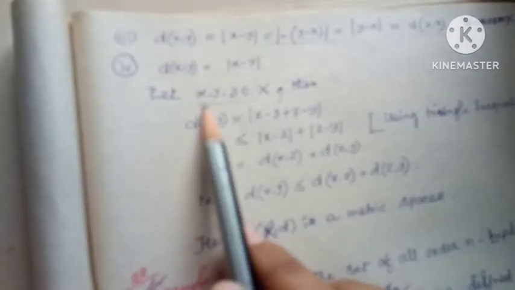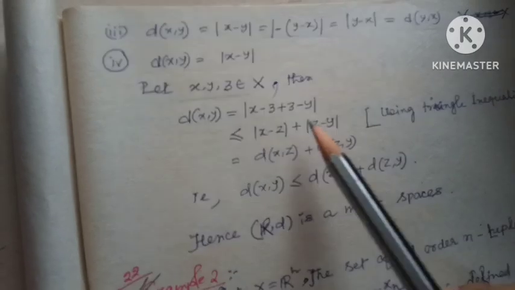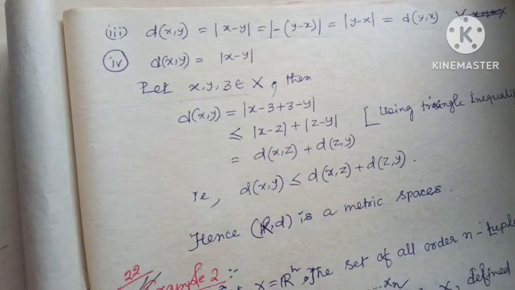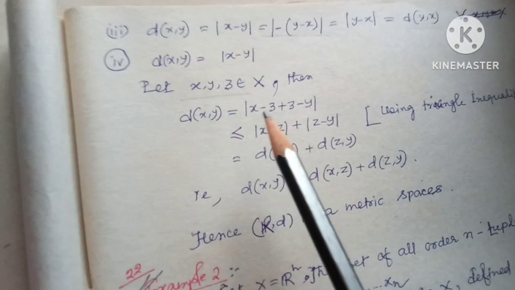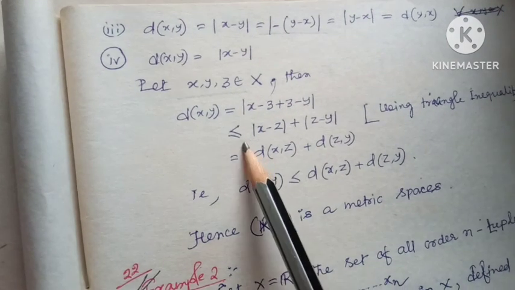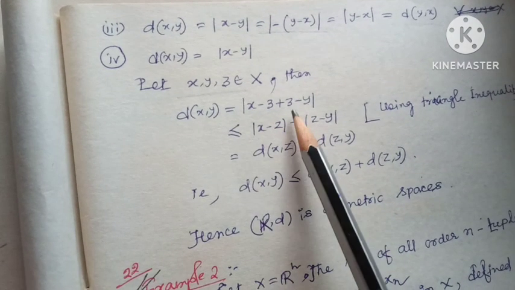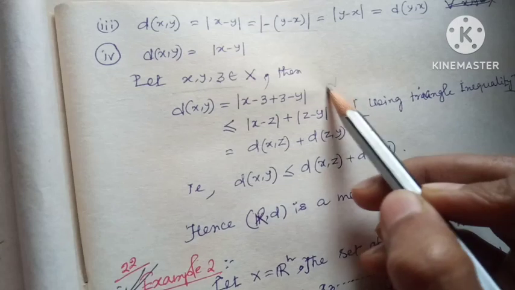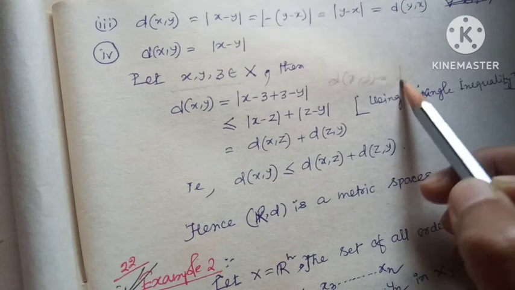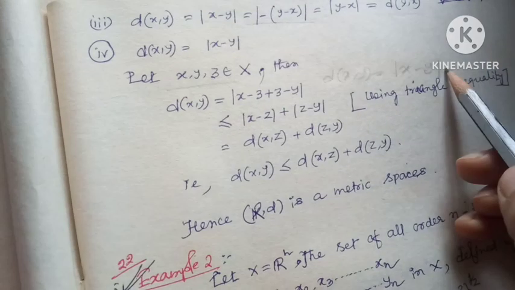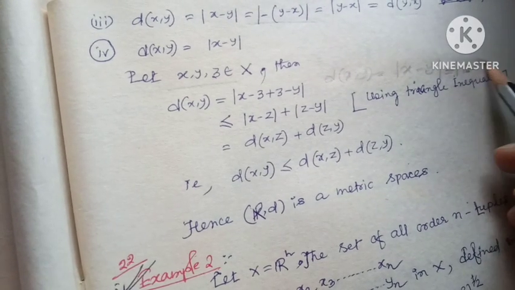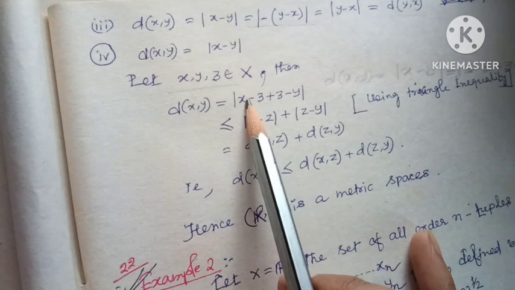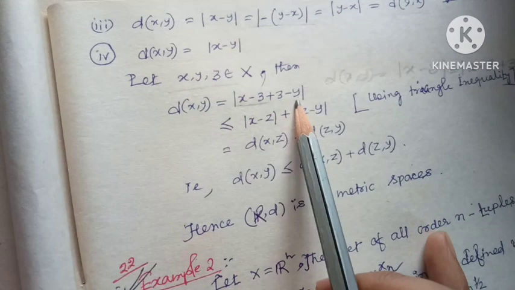Number 4. d of x, y is equal to, this function define কৰাই আছে. ধৰি লও let x, y and z এই তিনিটাই belongs কৰিব এই capital X. তেনেহলে তাৰপৰ আমি কি পাম, d of x and y is equal to, z টো আমি ধৰি লৈছো, গতিকে distance function আমি কি কৰিম, ইয়াত z টো minus কৰিম, then plus কৰিম. গতিকে d of x, y is equal to পাও modulus of x minus y. এটা আমি কি কৰিছো, x minus z plus z minus y, ইয়াৰ পৰা আমি separate ভাগ কৰি দিছো, এটা কৰিলো এটা কৰিলো.